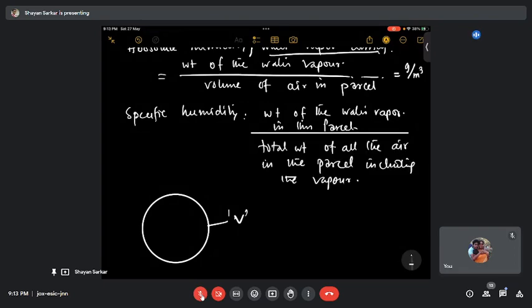This is called specific humidity, and it is expressed in gram per kg unit.